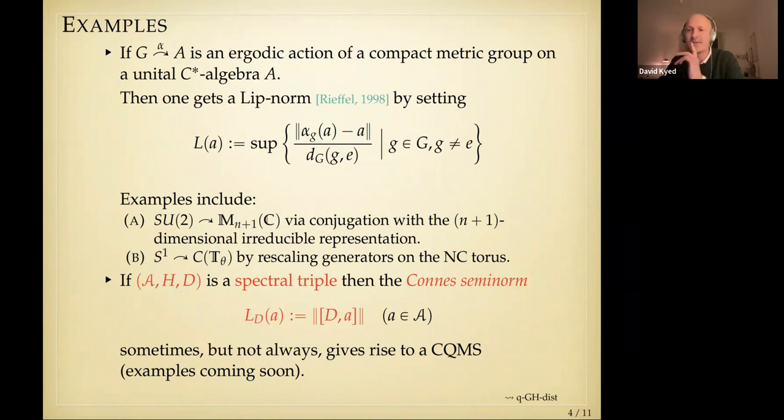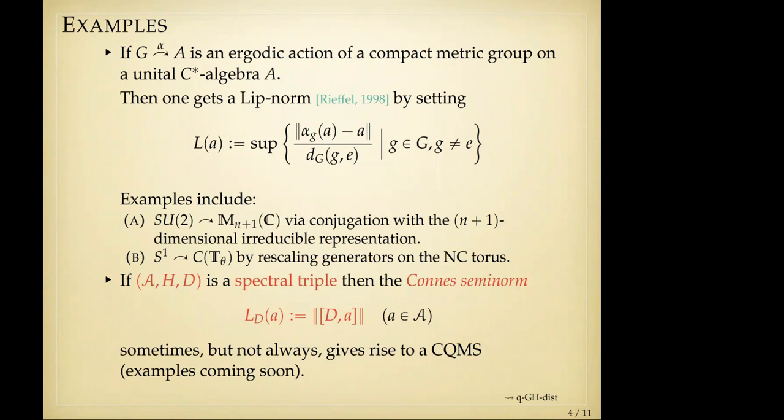Okay, but you can remedy that. I mean, you can find examples of spectral triples where the Dirac operator only commutes with scalar multiples of the identity, but where this LD still fails. Okay. So there is a difference between the two settings.